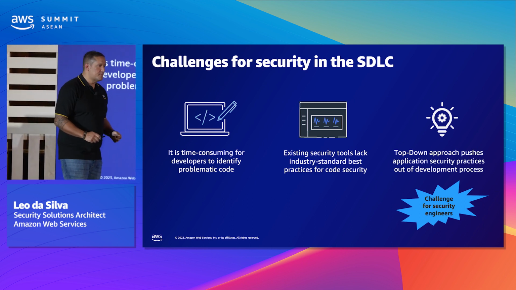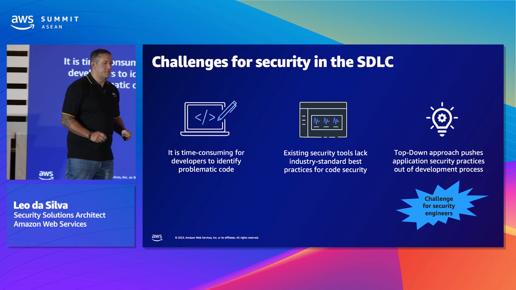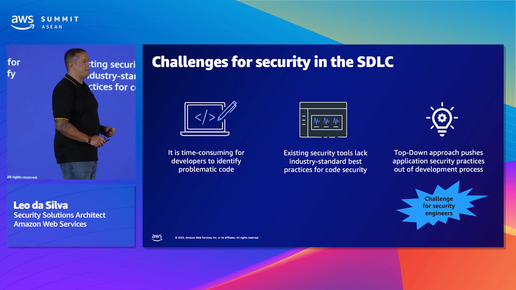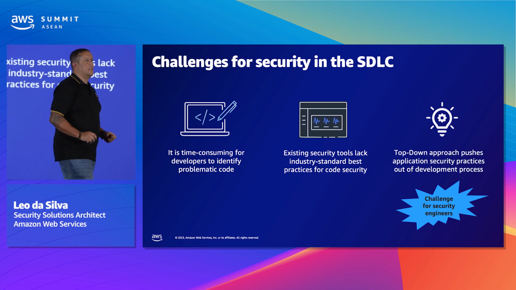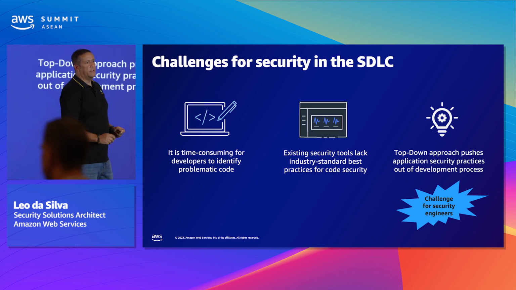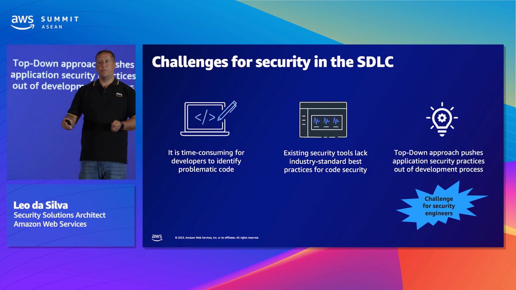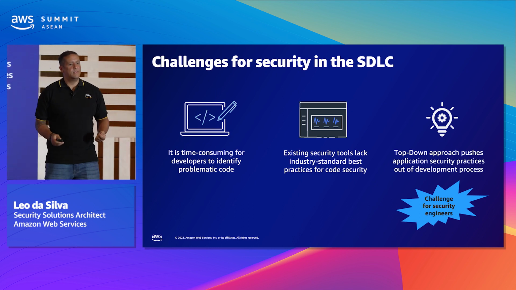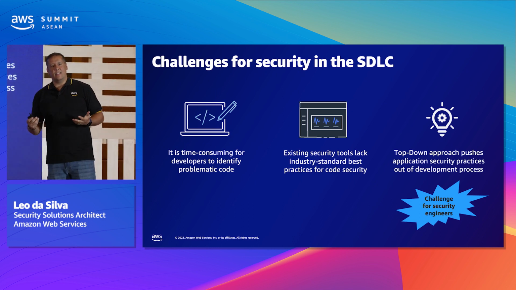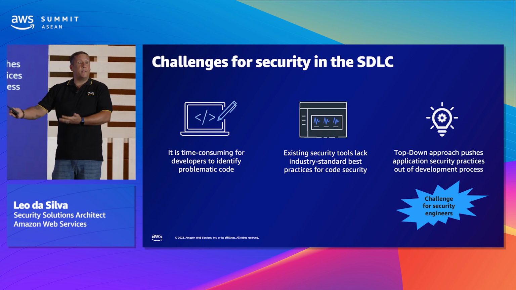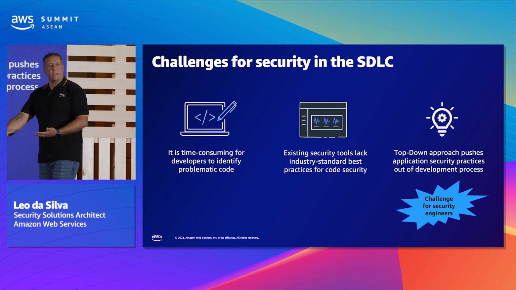Third challenge, security tools are still, in the vast majority of cases, being implemented as a top-down mandate from security teams onto developers, which means they might actually use it, but they don't necessarily enjoy the ride. And for them to actually extract benefit from this, we need to be on the same page.